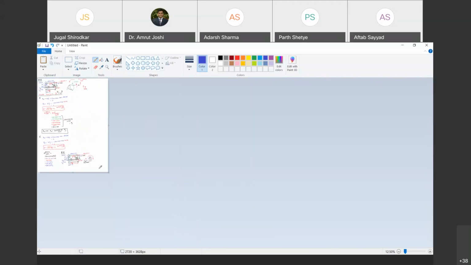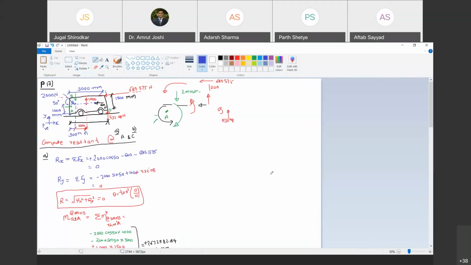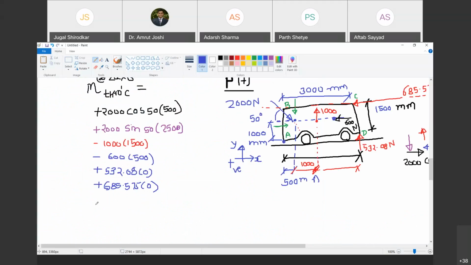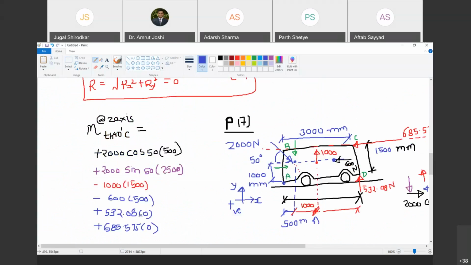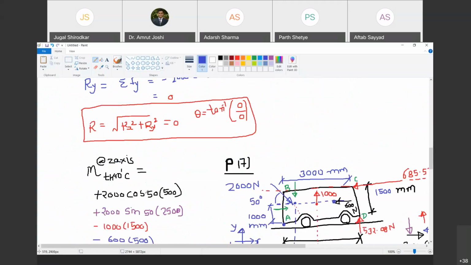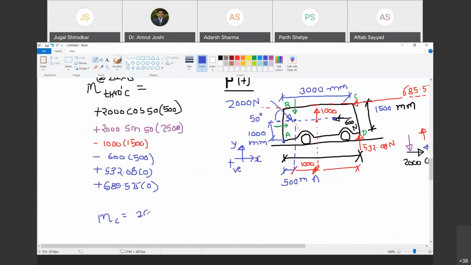Calculate again, there must be some mistake in rounding off, or in the earlier case. It's all right, no issues. How much is it coming? So the moment about C, tell me how much is that? 2673009.825 Newton mm. Are you with me? Yes, sir. And it is positive, so therefore correct.